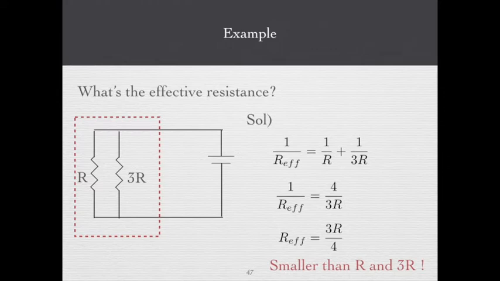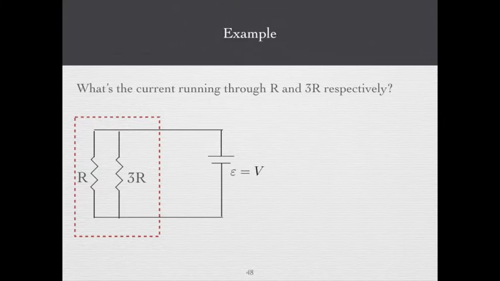Now that we've figured out the effective resistance, say I want to know the current going through them. Since I want to know the current through them, I know current is V over R. The voltage across the resistor R is the same as the voltage provided by the battery, because they all share the same wire at their heads and the same wire at their tails.